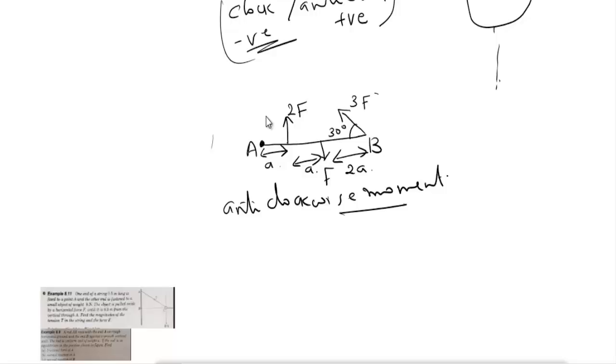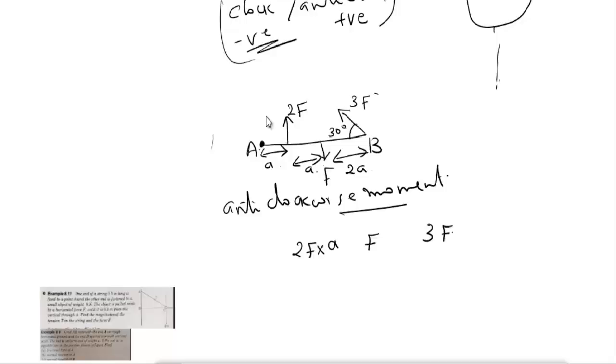The forces acting are 2F, F, and 3F. Because of 3F, a torque acts at the point A. Because of F, a torque acts at A. Because of 2F also, another torque acts at A. Here we are going to find the value of this torque. So 2F is at a distance A, giving 2F into A.